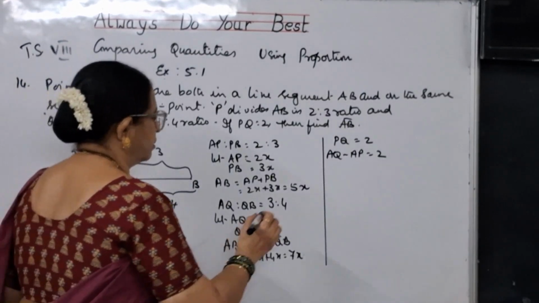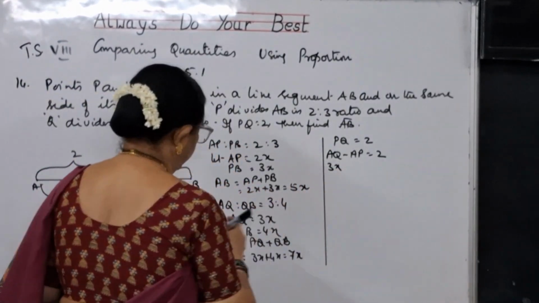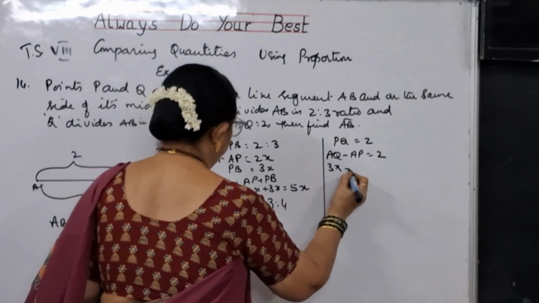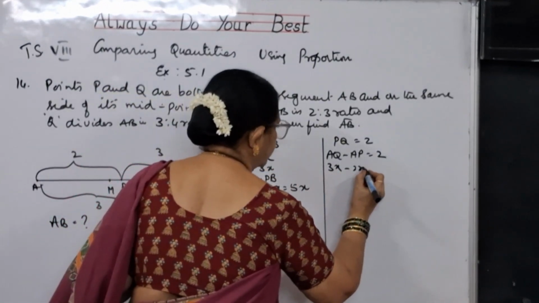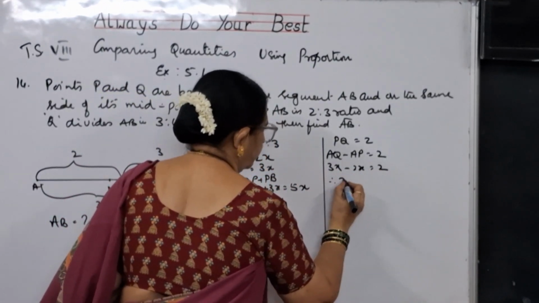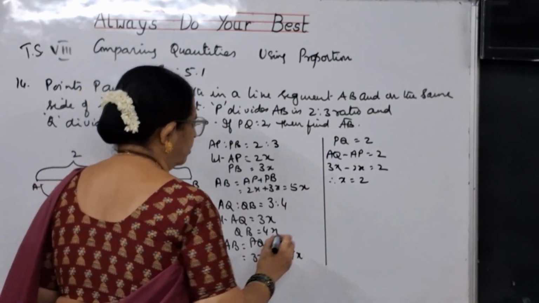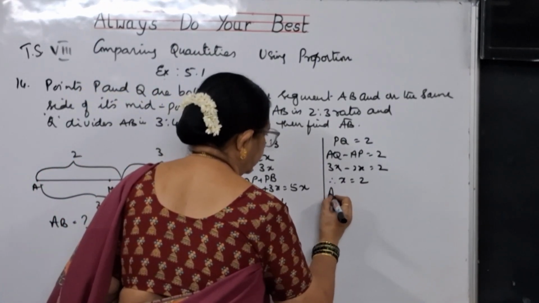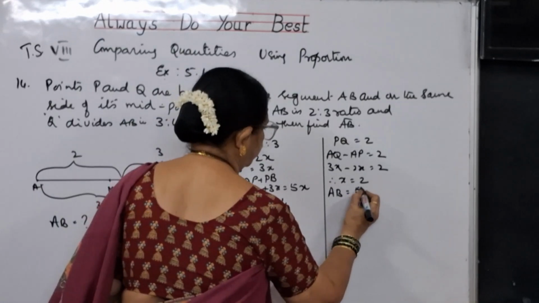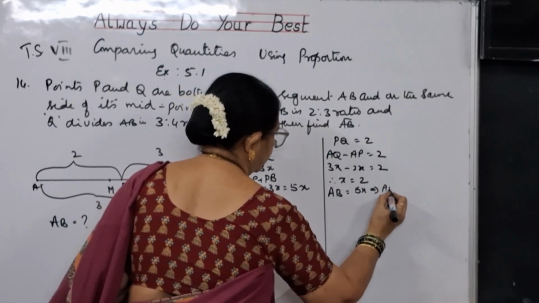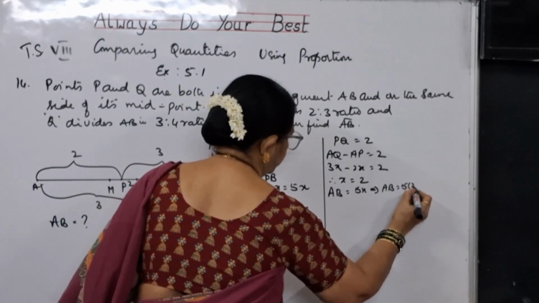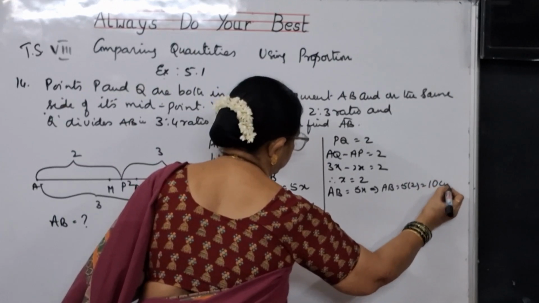AQ is 3x, we have considered, minus AP, which is 2x, is equal to 2. Therefore, x is equal to 2. When you have got x is equal to 2, AB is equal to 5x, which implies AB is equal to 5 into 2, that is equal to 10 centimeters.